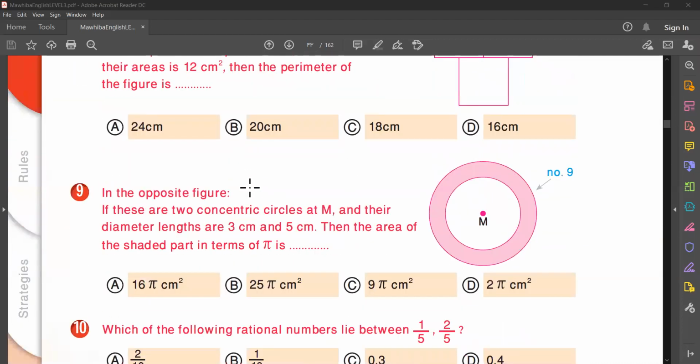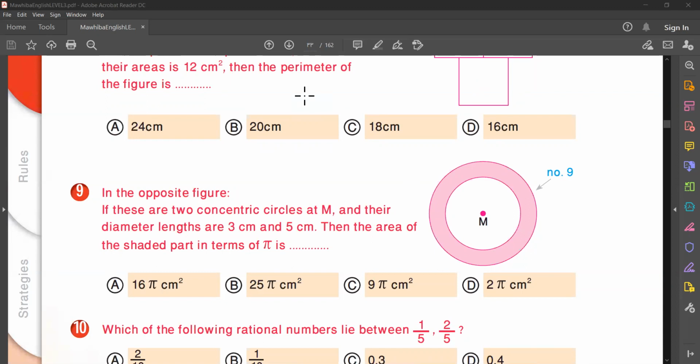Right. Now, number 9. In the opposite figure, if these are two concentric circles at M and their diameter lengths are 3 centimeters and 5 centimeters, then the area of the shaded part in terms of pi is what?